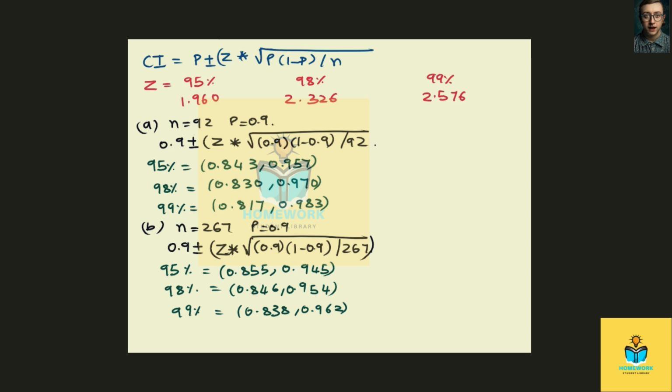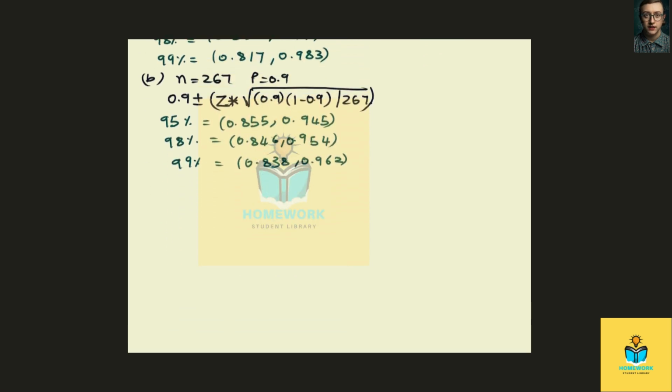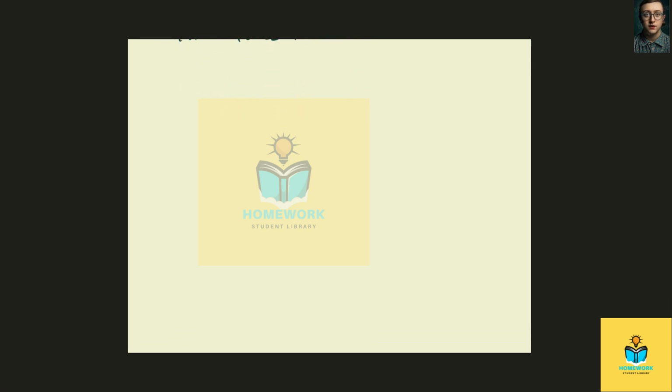So now let us calculate the same for C and D bits. Let us write down the values that have been given in C. C is given as P equals 0.9 and N equals 146.